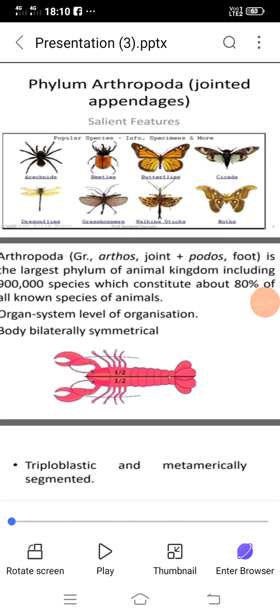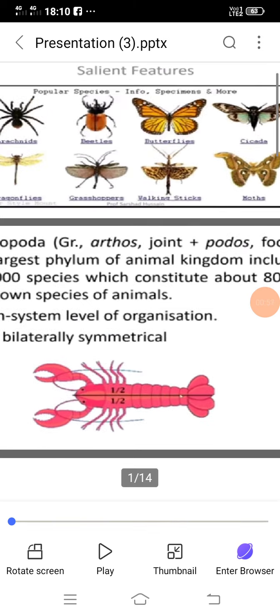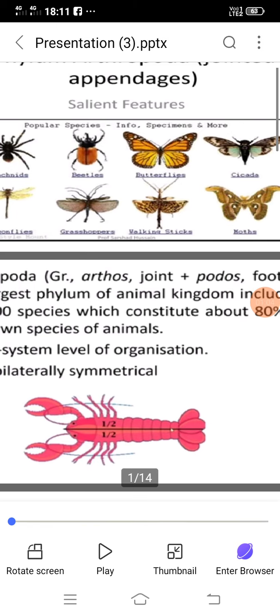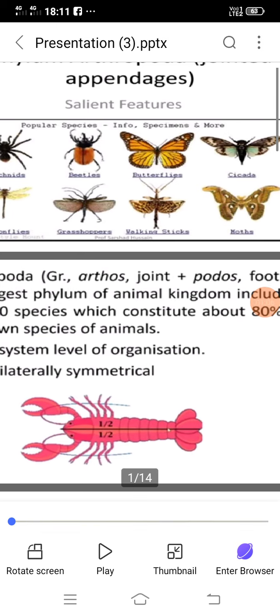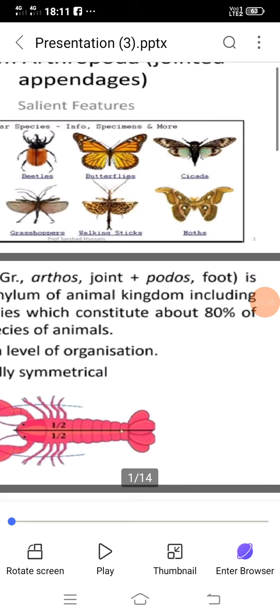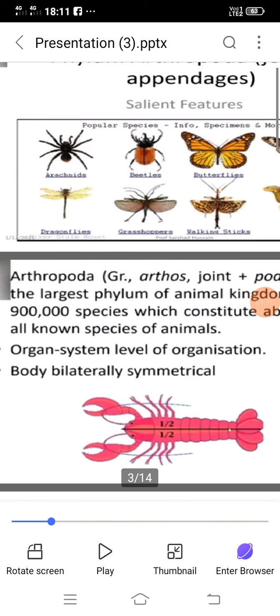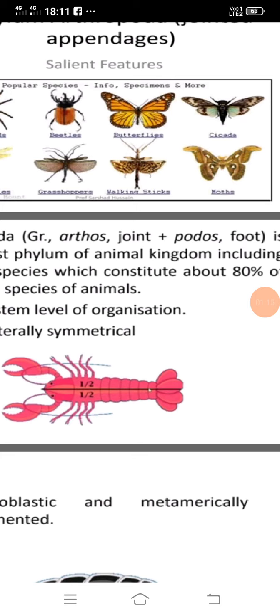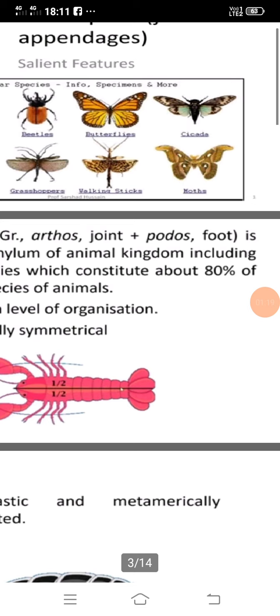So they include the arachnids, spider you might have seen, beetles you might have seen, butterflies, cicada, dragonflies, grasshoppers, walking sticks, moths. All these are the examples of Phylum Arthropoda.